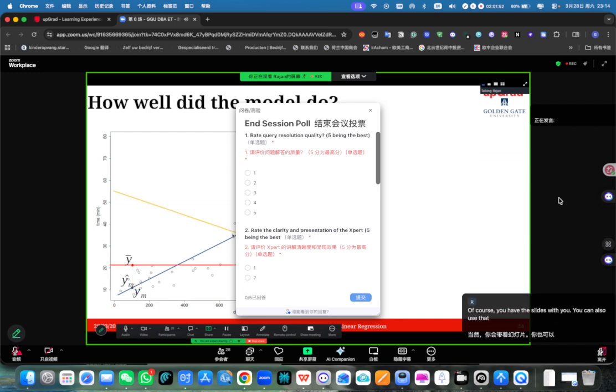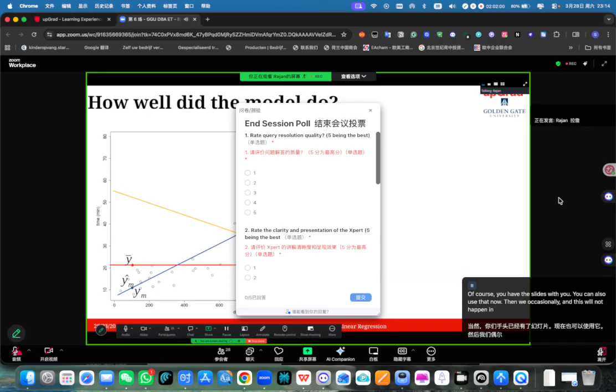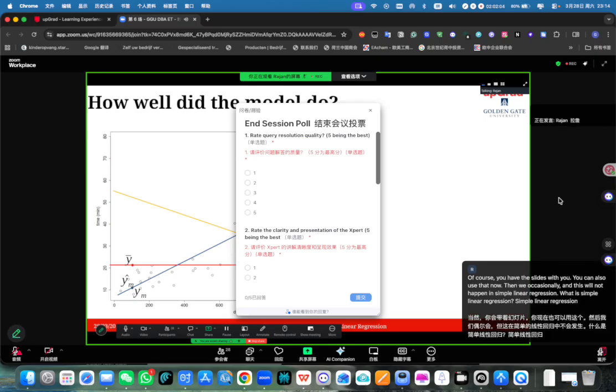Now, very occasionally, and this will not happen in simple linear regression. What is simple linear regression? Simple linear regression is when we have only one independent variable, like our example now. But in some cases, it is possible.